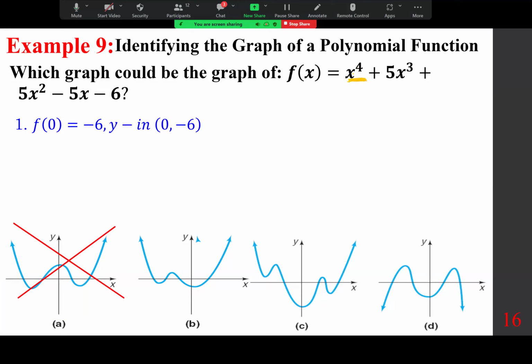The degree is 4. And 4 minus 1 is 3. Maximum, we have 4 minus 1 or 3 turning points. This has 1, 2, 3, 4, 5. This is out. This has too many turning points.